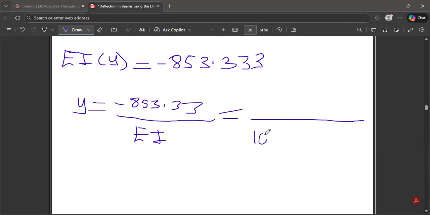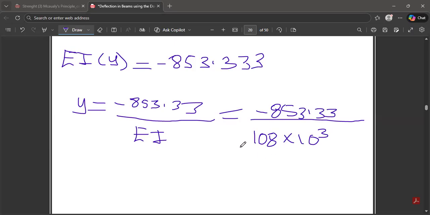So our EI was 108 times 10 exponent 3. Minus 853.33.